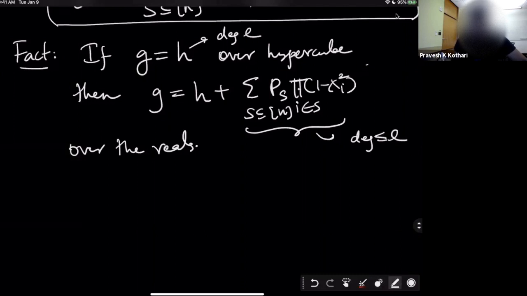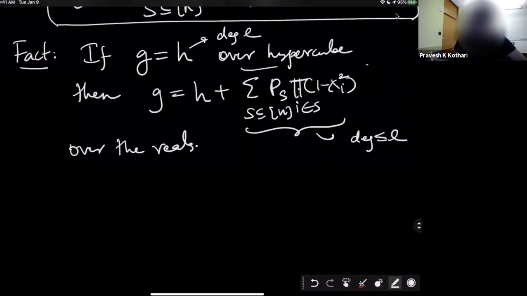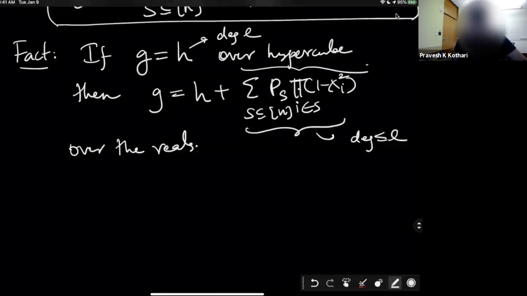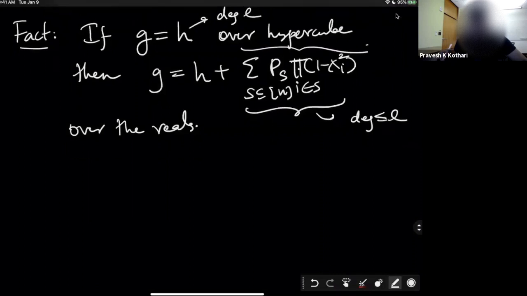So polynomial equality over the hypercube can be converted into polynomial equality over the reals by having a multiple of the constraints that define your set appear in addition. The proof is very simple. The multilinear reduction that you do naturally yields such a representation.